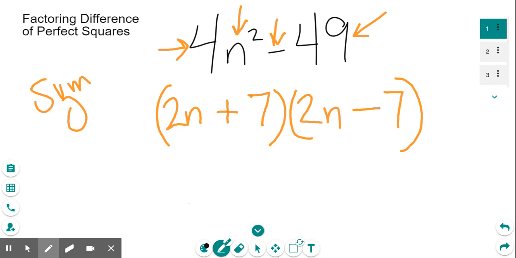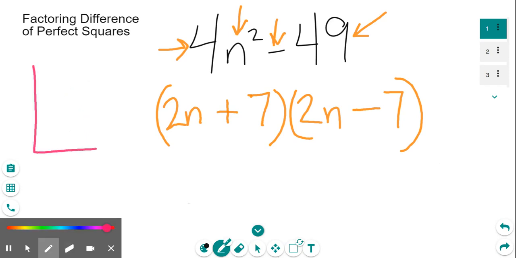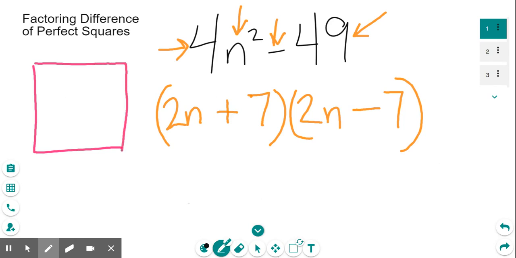So let's do a check on this one. So I'm going to do a check, which means I'm going to go backwards and I'm going to multiply.